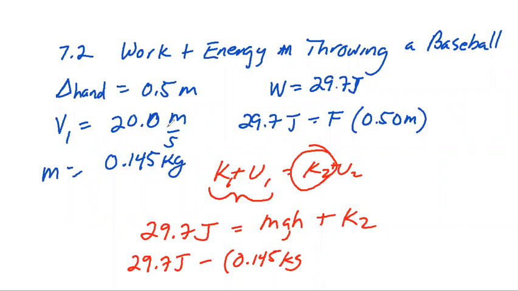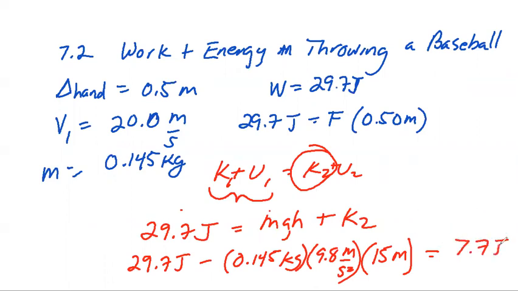I was taking my initial total energy minus the potential energy that I gained, and I'm going to get my kinetic energy and solve for my new velocity. So that's times 9.8 meters per second squared, times my height, delta h, which is 15 meters. And I'm going to get for that value 7.7 joules. Now you convert that into a kinetic energy.